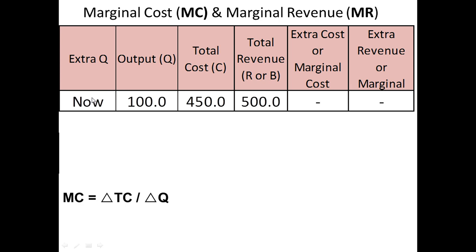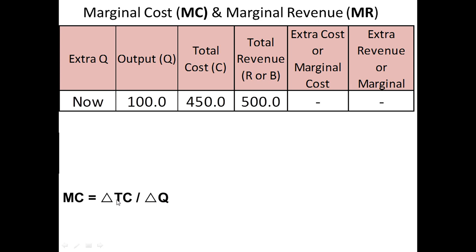This is the formula that we use in order to find extra cost. You need to find the change. This is delta. Delta means change. The change in total cost divided by the change in total output. So what does it mean?